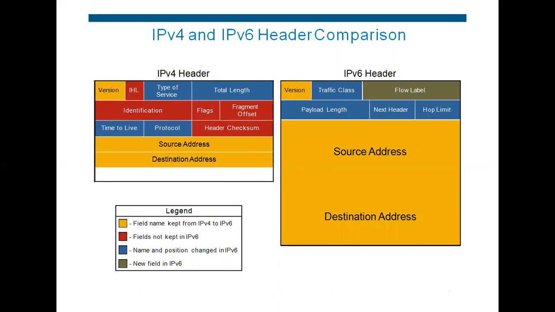Then total length; here its name is changed to payload length. What is the length of the payload? We are not talking here about the IP version 6 header length. Payload length means the total length including, on your screen you are seeing only the header, other than that, information is there, data is there.